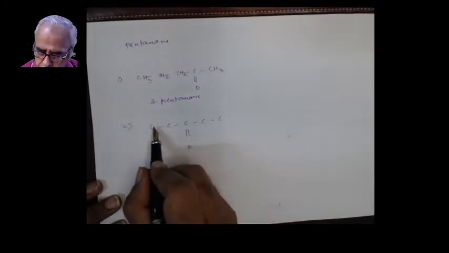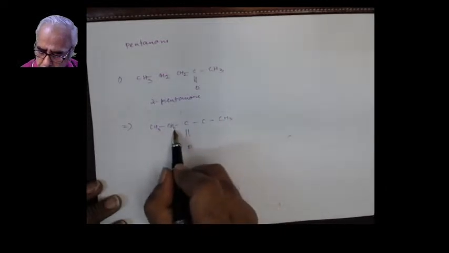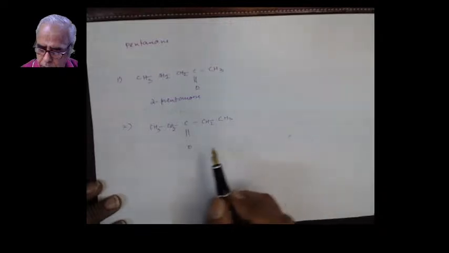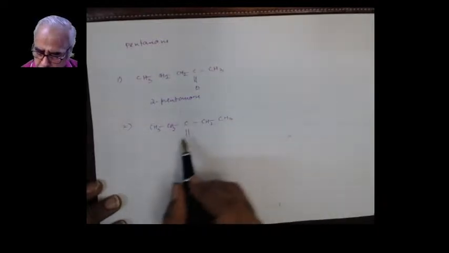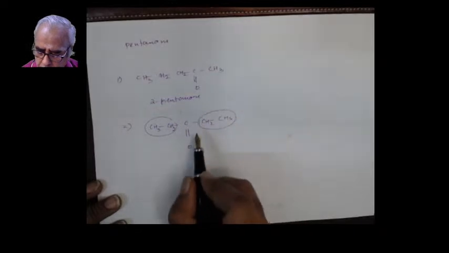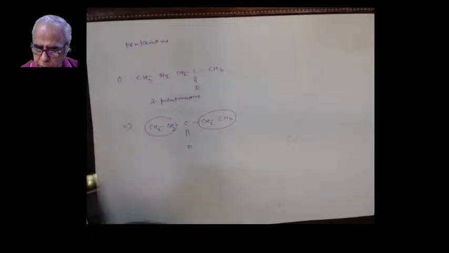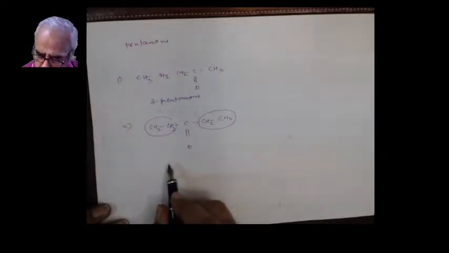Then it's CH3, CH2, CO, CH2, CH3. So this is nothing but diethyl, is it not? So we can call it by trivial name as diethyl ketone.